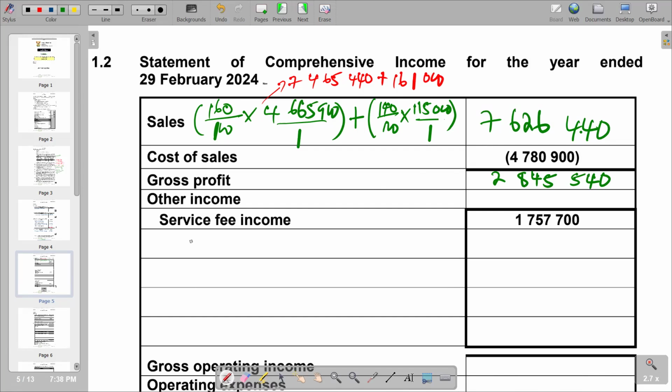Then we now have a pre-entered figure under income, where we have service fee income of 1,757,700 pre-entered. So we look for other incomes that we have in the question that we can go through.